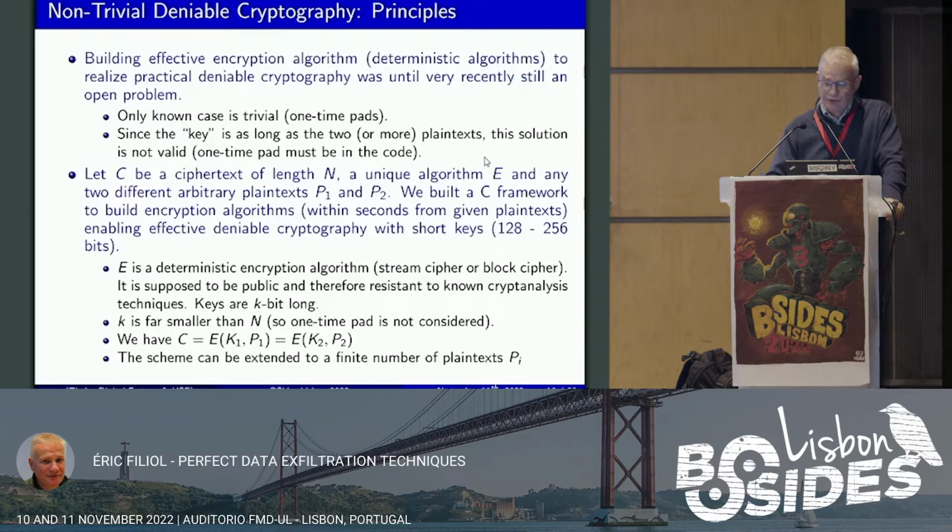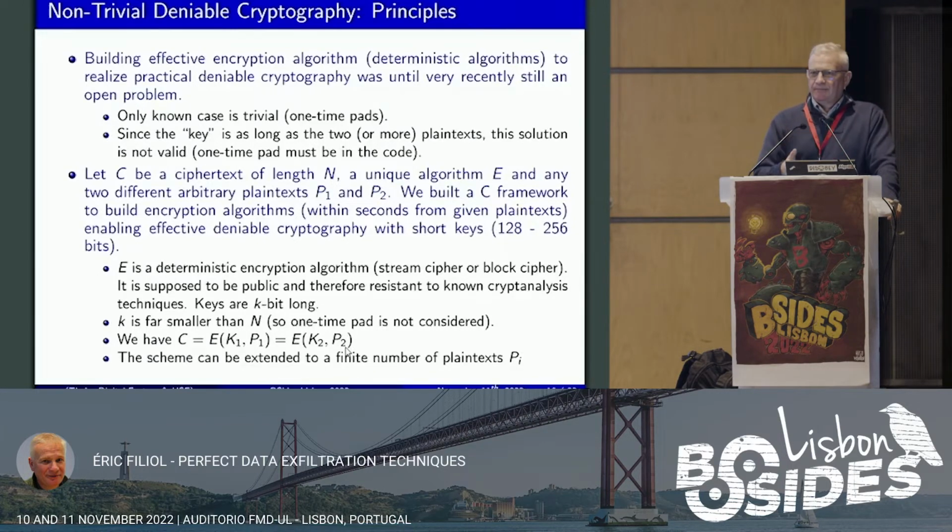And of course, the secret key is far smaller than the size of the ciphertext, which is a very important condition for operational security. So we discard completely the one-time pad. And we have the following equation: from the same ciphertext, depending on the key I use, I will obtain two different plaintexts.